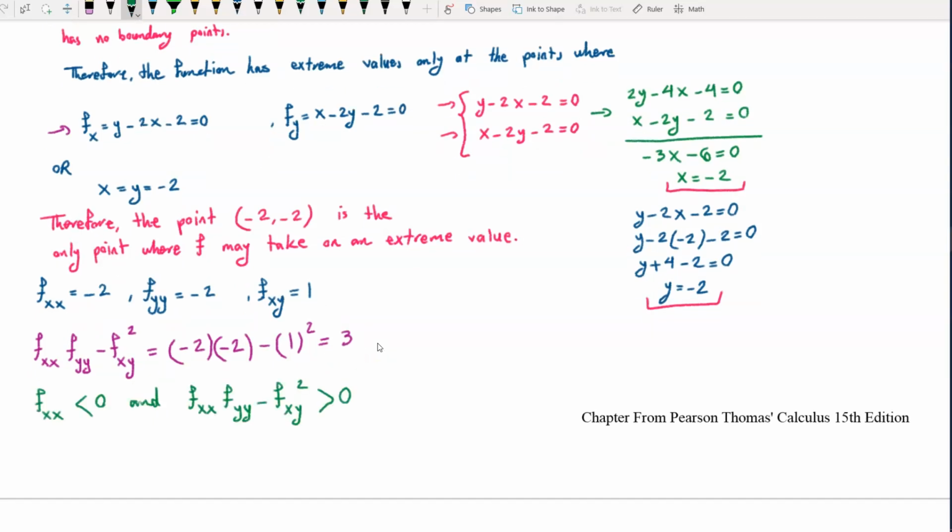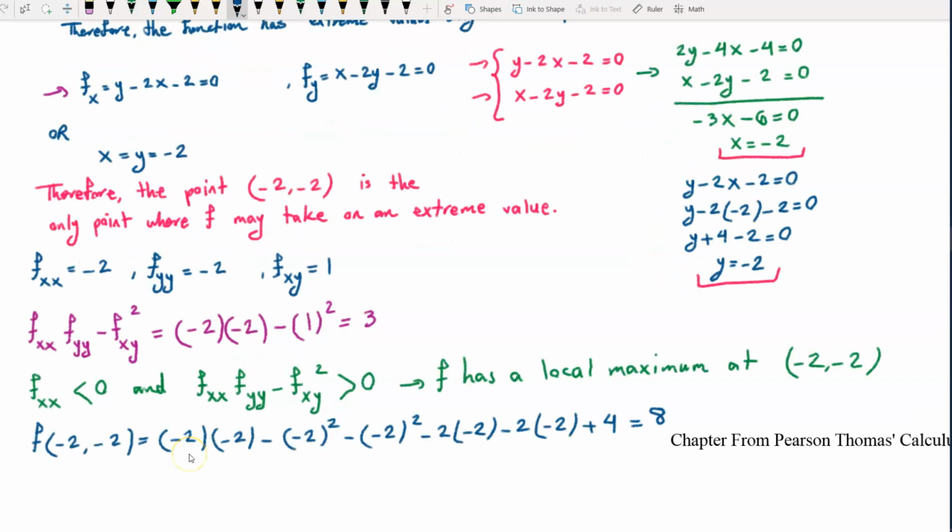The second partial derivative of f with respect to x, again x, was less than 0, based on what we had here was negative, and the discriminant is greater than 0. This means f has a local maximum at negative 2, negative 2, and f of negative 2, negative 2 is equal to 8.